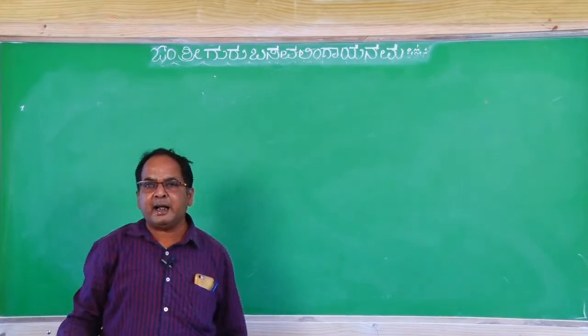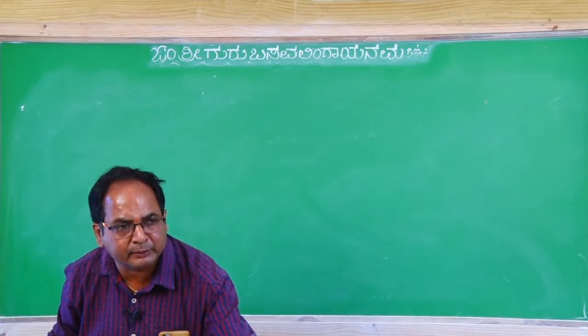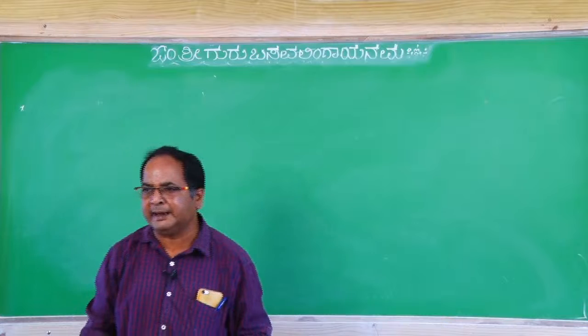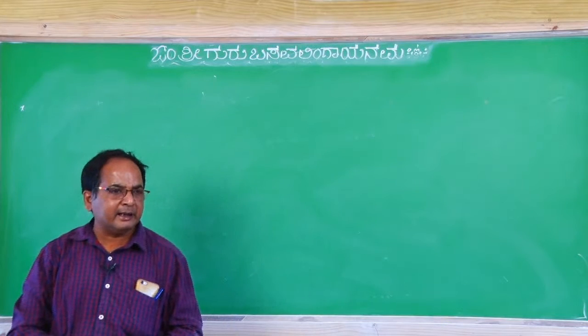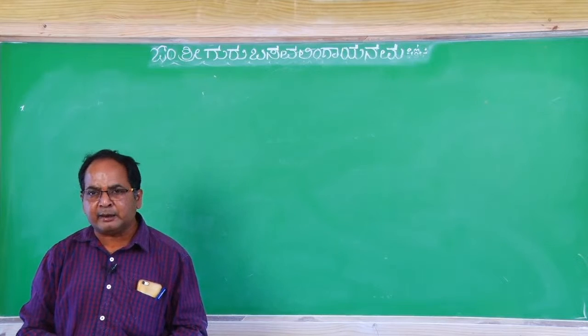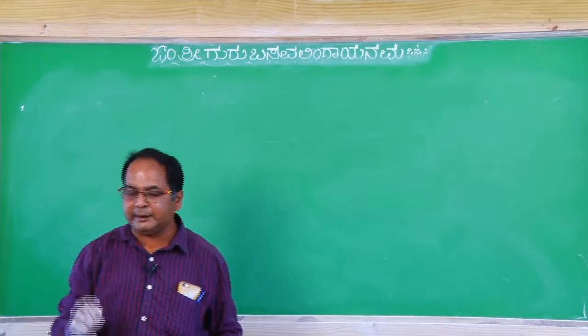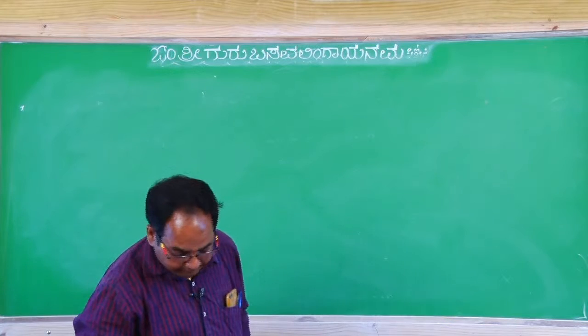Sometimes they may ask force also. Suppose force is asked, how do you find it? Force is the negative potential energy gradient. So F is equal to minus dU by dr. Okay.